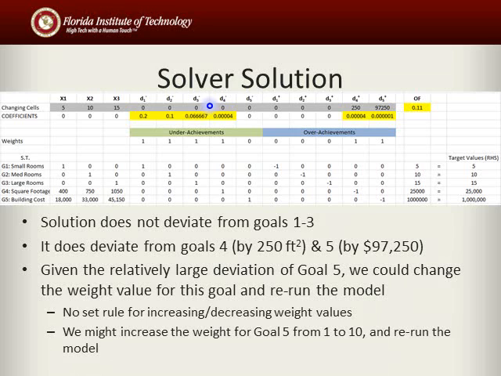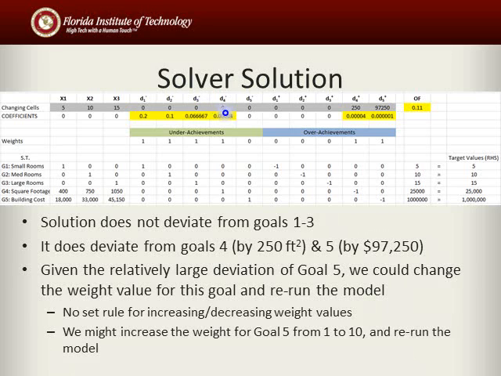When you're looking at this solution, you are not really focusing on the objective function value. You're focusing on the values for your decision variables. So what is the solution telling me? It's telling me that I can get away with building 5 small rooms, 10 medium rooms, and 15 large rooms, and I'm not deviating from my goals, so that's okay.